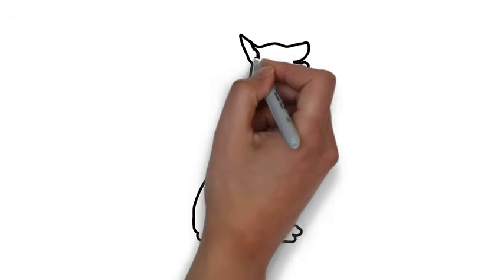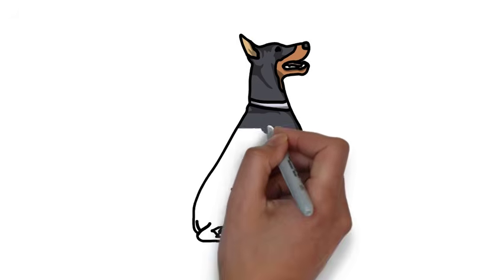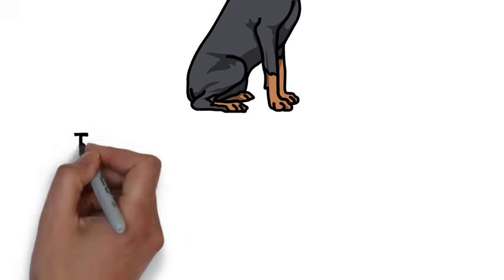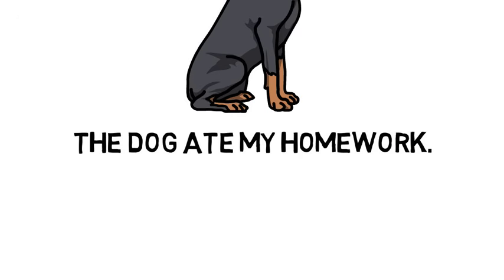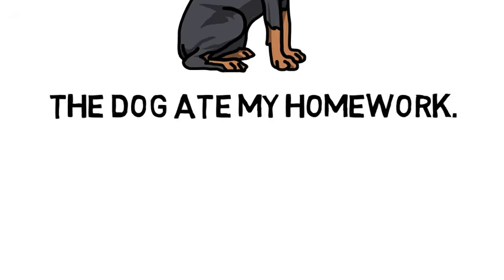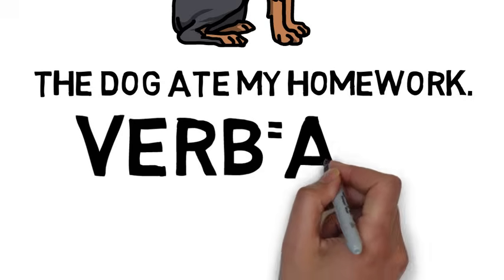Let's look at another example and complete it together. The dog ate my homework. What is the verb of this sentence? You have 5 seconds to think. Go. The verb in this sentence is ate.